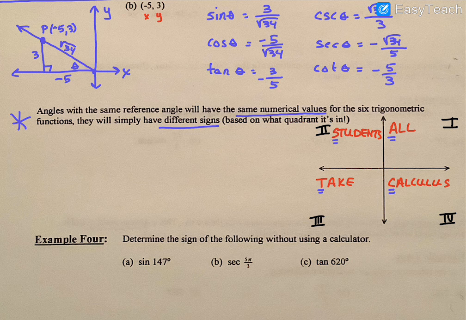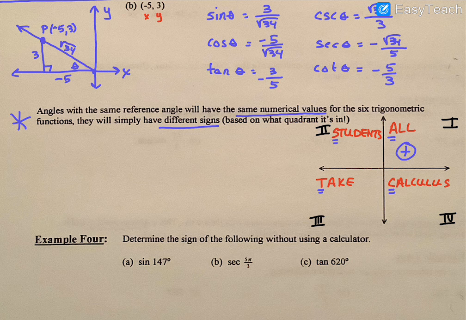And so, all, quadrant 1. What that means is that all trig functions in quadrant 1 are positive. So if you look up at example A, the point 5, 3 was in quadrant 1. All the trig functions were positive.